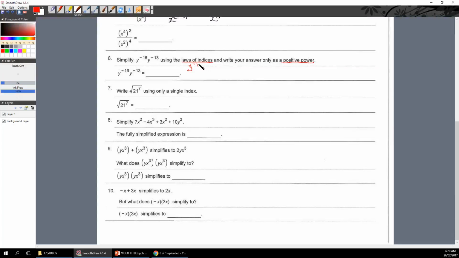Not got off to a good start there. Negative 16 and then negative 13. We can add the indices as we have done previously, and that equals y to the negative 29.